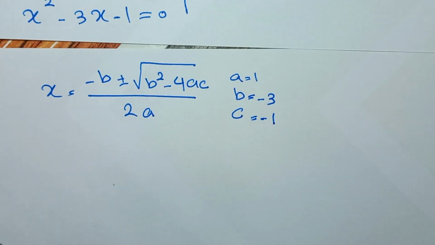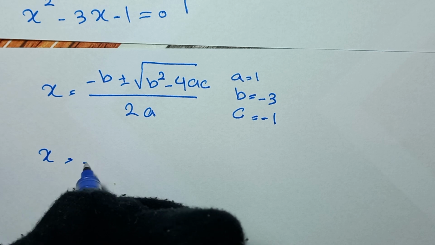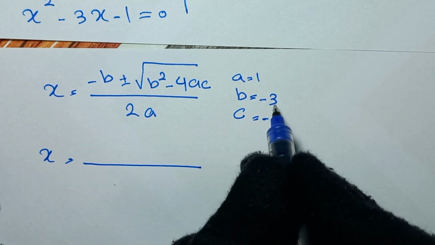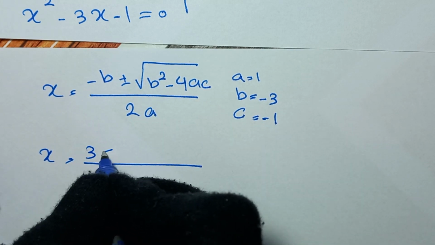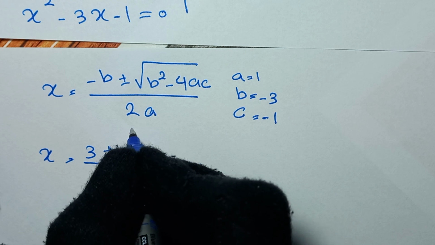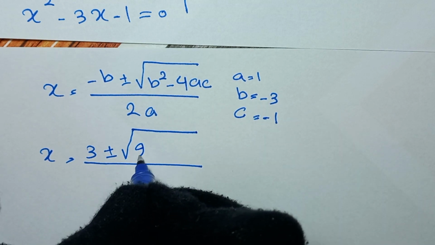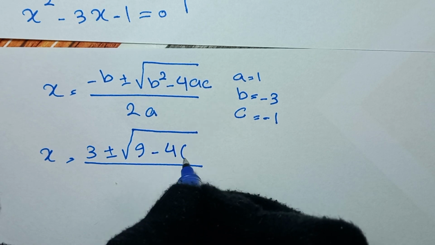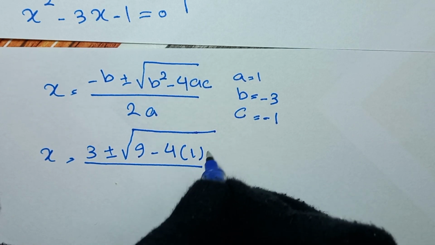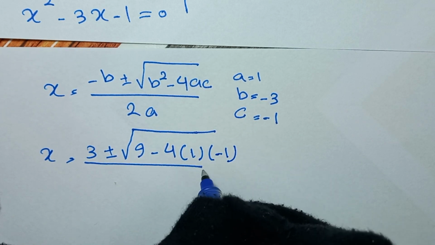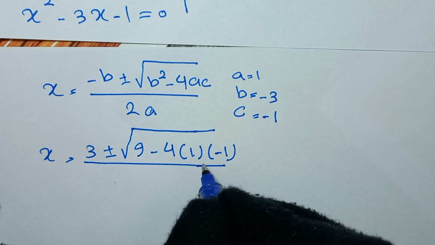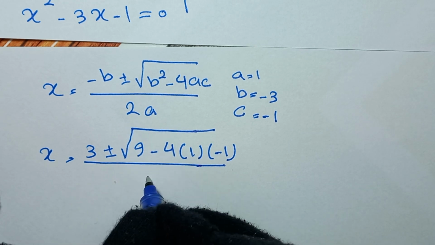So, x is equal to negative b, negative 3, it will be positive 3, plus or minus square root of b squared, negative 3 squared, it will be 9, minus 4 times a is 1, and times c is negative 1, and over 2a is 2.